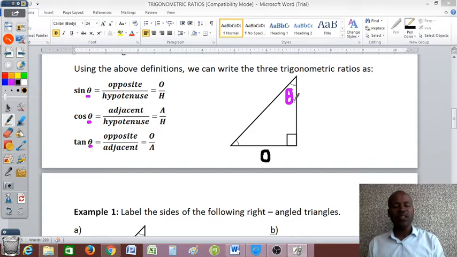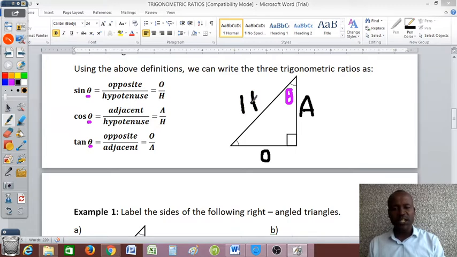The side which joins this angle and the 90-degree angle we call adjacent, so this side is A, which means adjacent. And the hypotenuse, the longest side opposite to the right angle, is H.